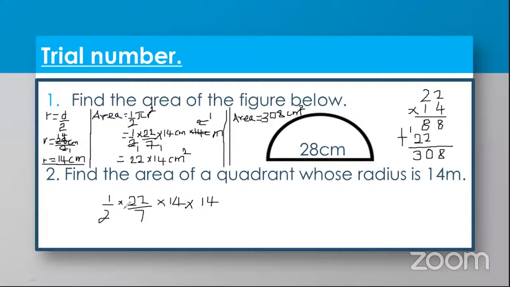Once I divide 2 by 14, this 2 becomes 1, and 14 divided by 2 becomes 7. So 2 has disappeared from here. I've now remained with 1 over 1. Then 7 divided by 7 is 1, and this 7 divided by 7 is also 1. So you can decide to divide these by any number, so long as it is possible without a remainder. I don't know whether that is what our friend is asking.